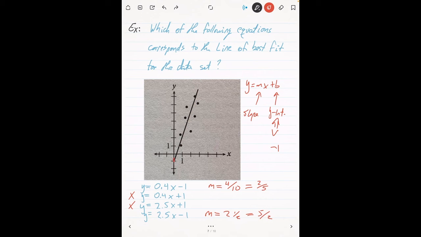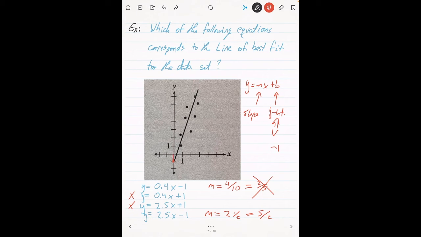Should you go from here up 1, 2 units and over 1, 2, 3, 4, 5? That's a slope of 2/5. Oh, that's not very steep. That's actually quite flat. No, I probably don't want that slope. But what about the slope of 5 over 2?